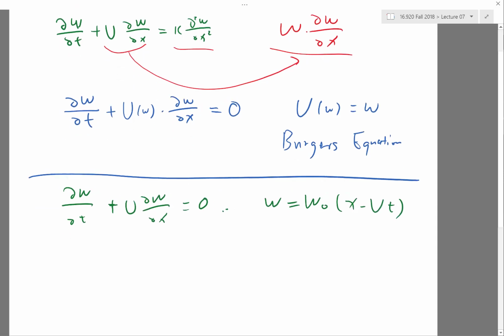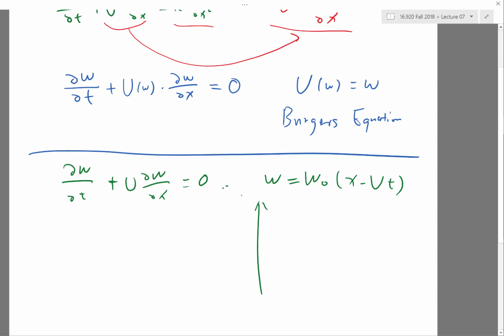So what that means is that if you draw a diagram, vertical axis being time, x-axis being space, what is x minus ut, right? If you put any point x and t, what is x minus ut?